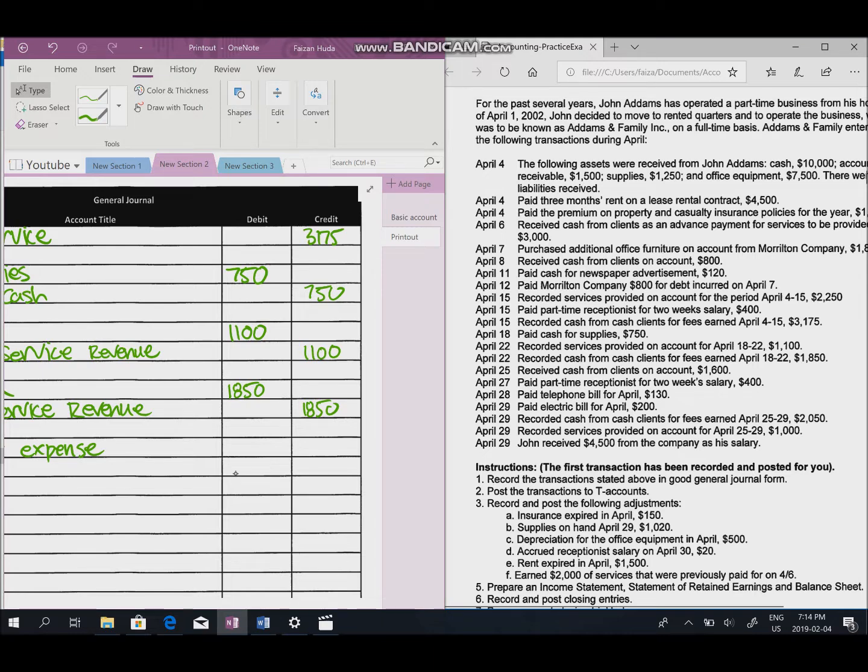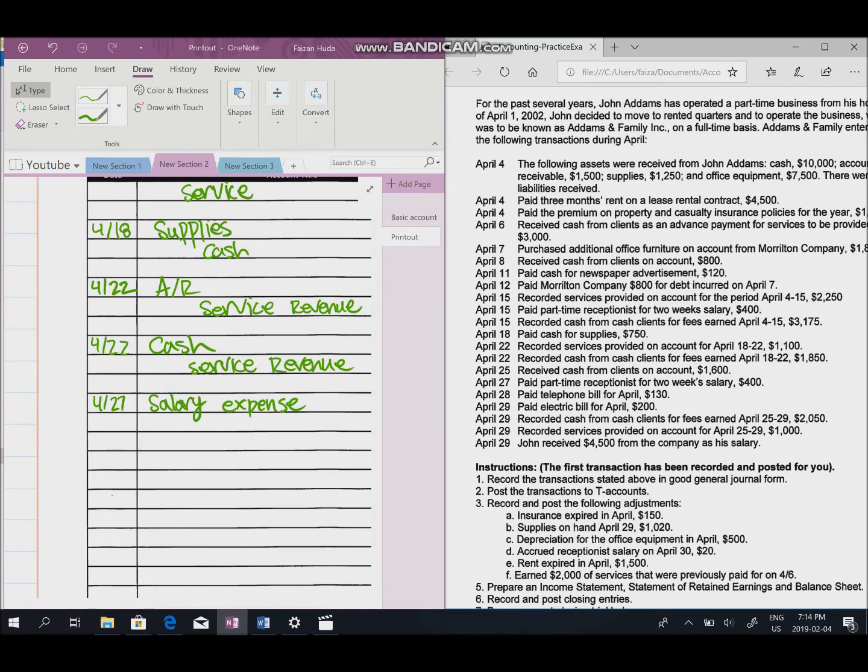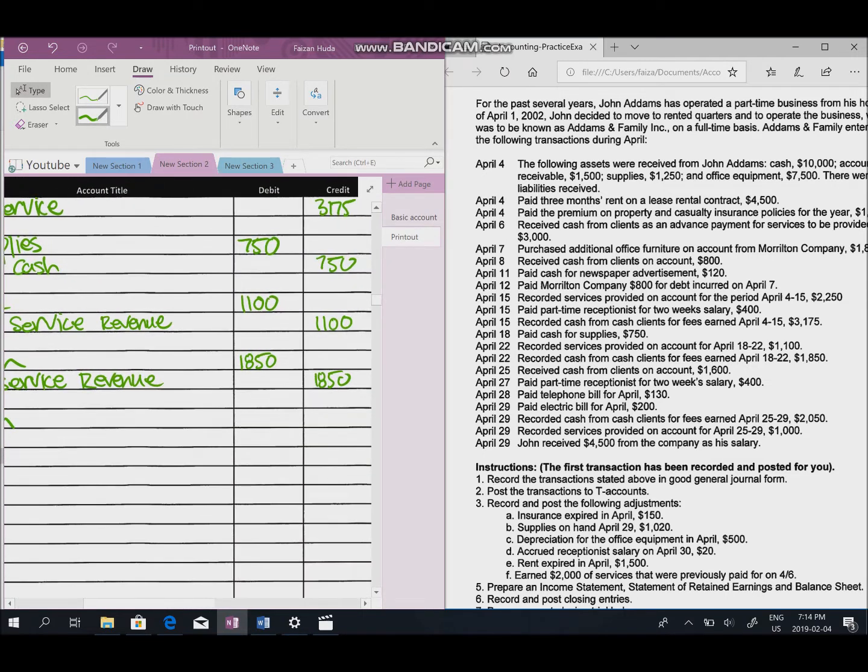Before moving on to April 27, I just realized I skipped April 25. That is my bad, I'm sorry. So I'm just going to do April 25 real quick. We received cash from clients on account. Received cash is basically the giveaway that you got cash, for 1,600.